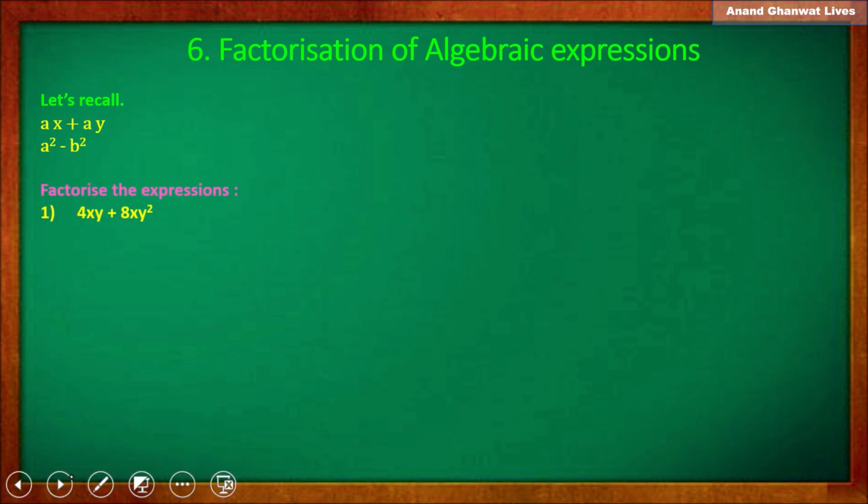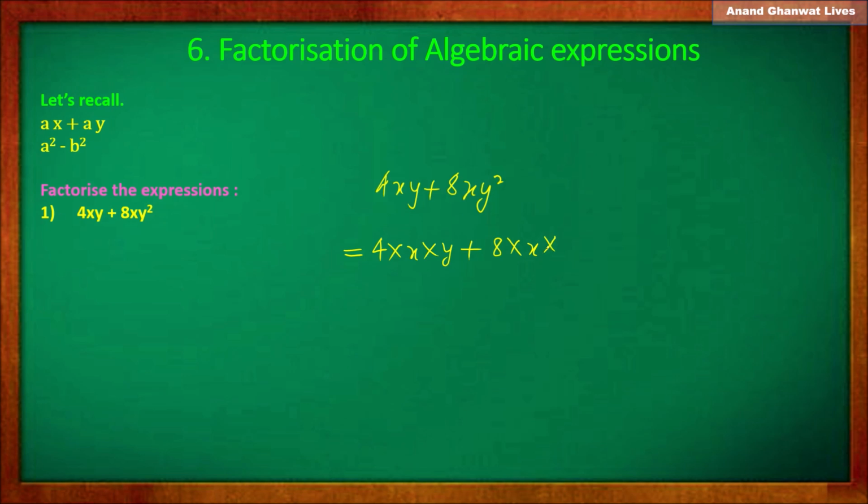Let us factorize the expression 4xy plus 8xy square. Now 4xy can be written as 4 into x into y, and plus 8xy square can be written as 8 into x into y into y. Now find the common factors between given two terms.